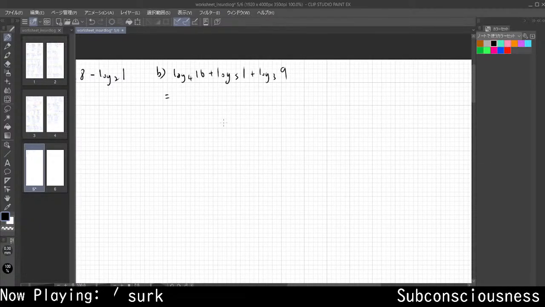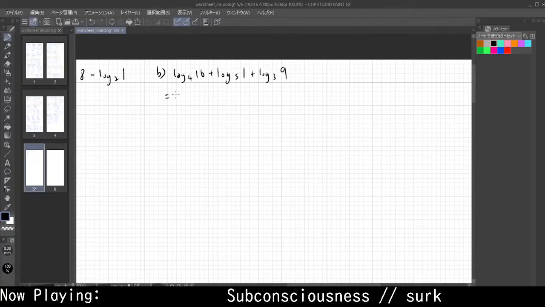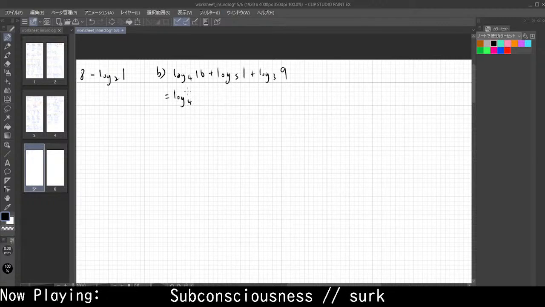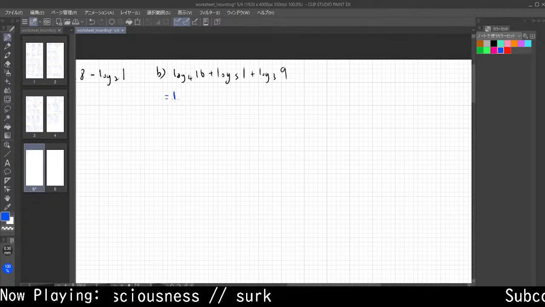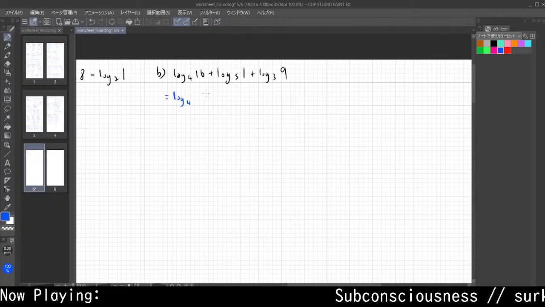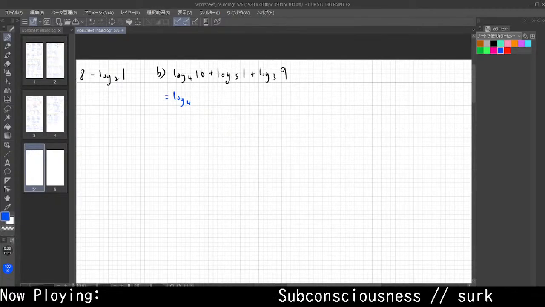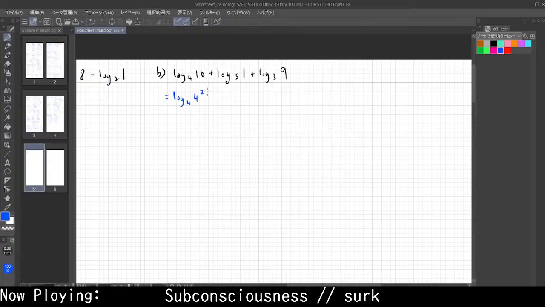Okay, for this one you see all different bases, but all of these are actually special logs. So what you want to do is find a way to turn them into powers of their respective bases. So you see log base 4 of 16, you want to turn them into smaller powers first, right? So 16 you can write as 4 to the power of 2.